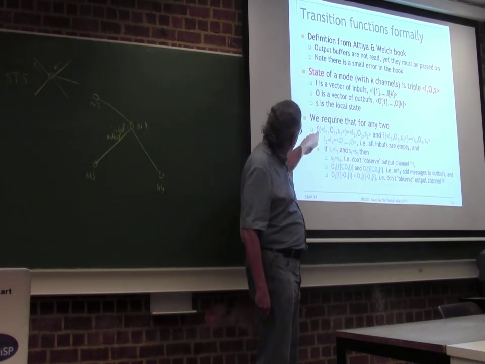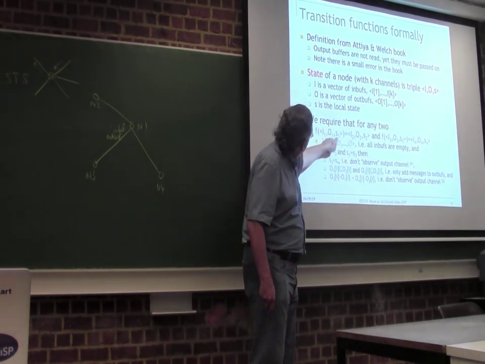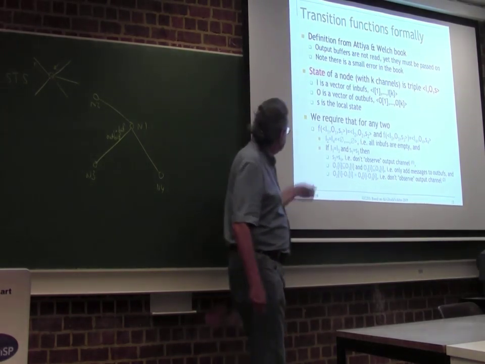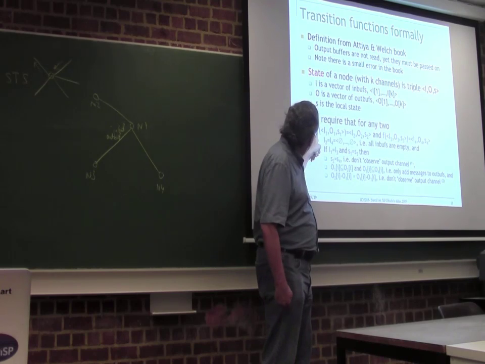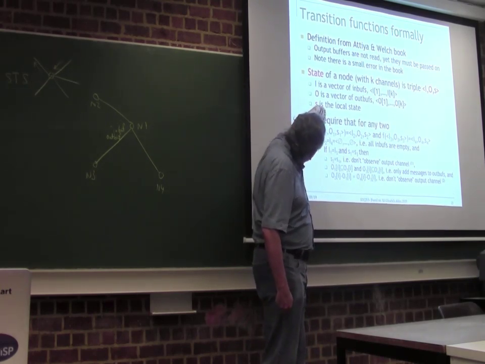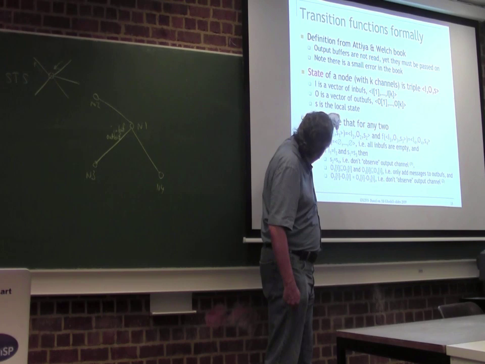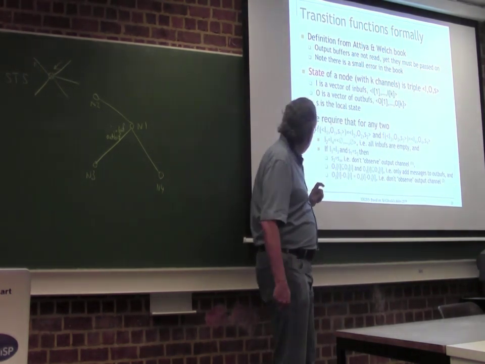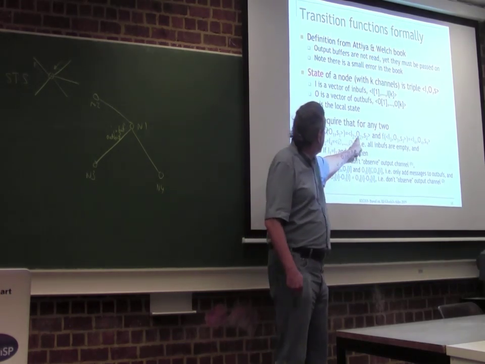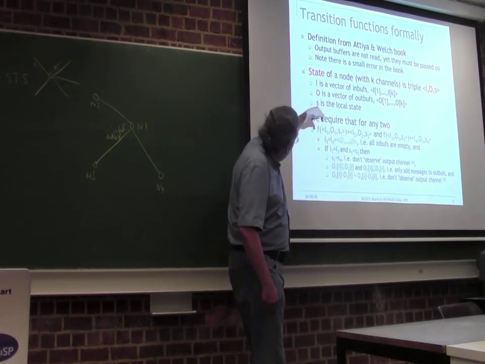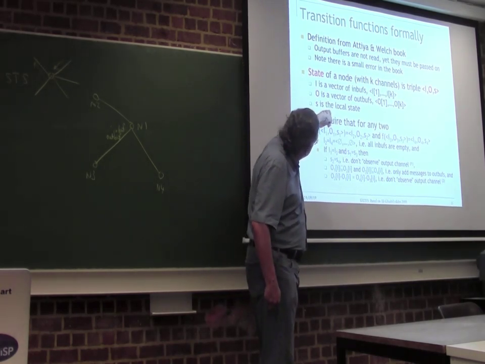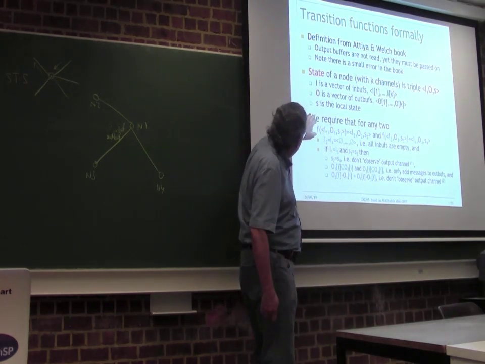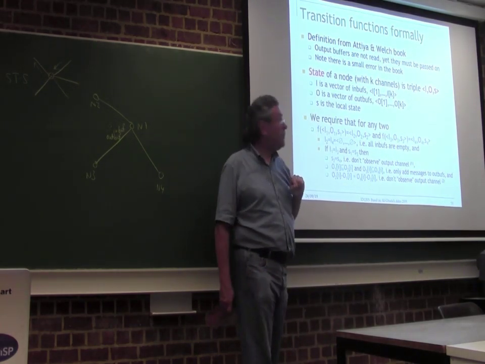And then you have a transition function, F, which takes one of these triples and makes a new triple. And this is a little bit tricky because this function F will read the in buffs, it will read the state, okay? It will empty the in buffs, and it might put messages in the out buffs, but it will not read the out buffs. So O1 and O3 won't be read. So we define this function to be deterministic.